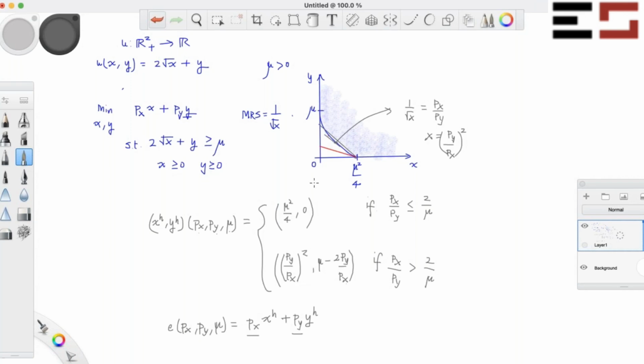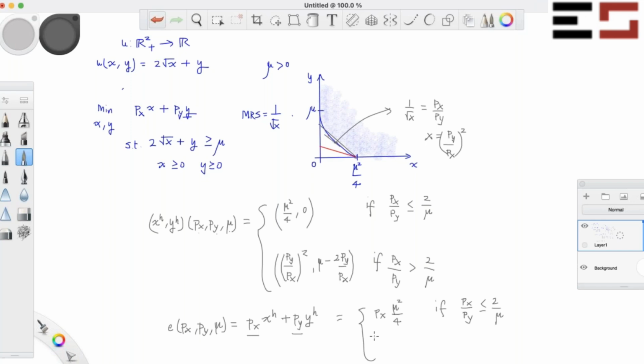So in this case, what is the expenditure function? Let's see. It is basically px mu square by 4 if px by py is less than or equal to 2 by mu.